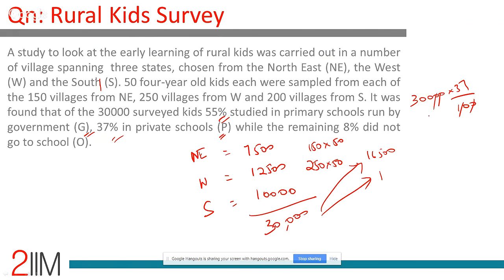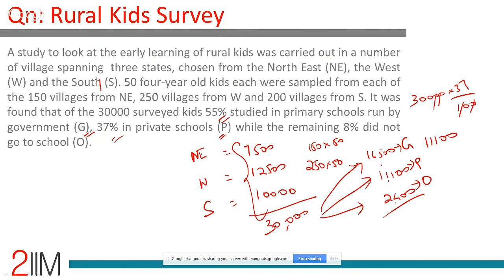I know that 37 into 3 is 111, so it is 11,100. The remaining 8% of this is 2,400. This is G, P, O: government, private, other. How this gets distributed across this, we don't know.